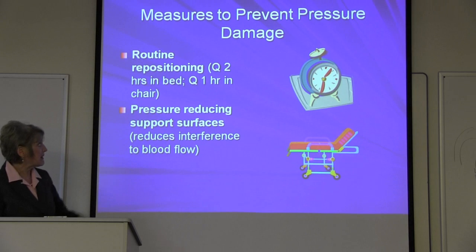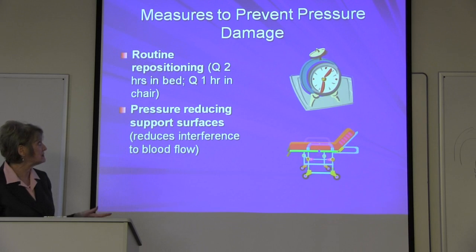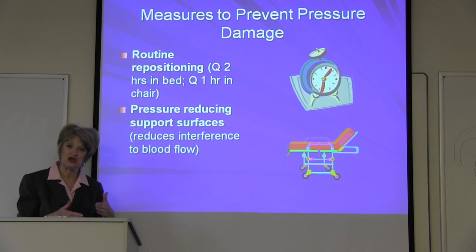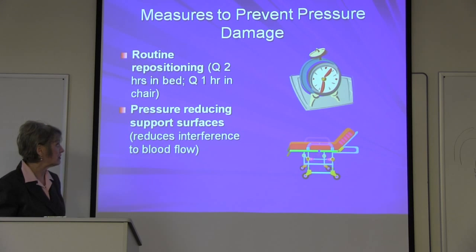Okay, so that gets back to our 2 strategies for preventing pressure ulcer formation. Routine repositioning, and of course in the past we've said every 2 hours in the bed. I want you to be thinking more like every 2 to 4 hours, because I'm thinking most of you have good quality pressure redistribution mattresses on your beds, and every hour in the chair.